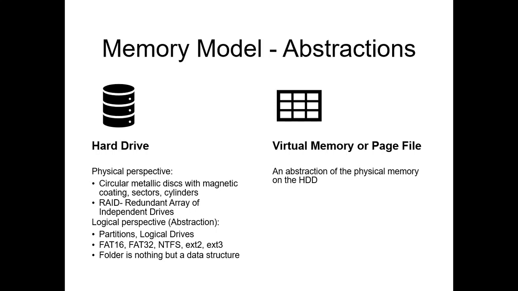The hard drive may have different physical disks, and the data is stored on those disks in different ways in order to optimize access time and so on. So the way data is stored on the disk is completely different from the way you perceive it when you are storing some file on your hard drive inside your operating system.